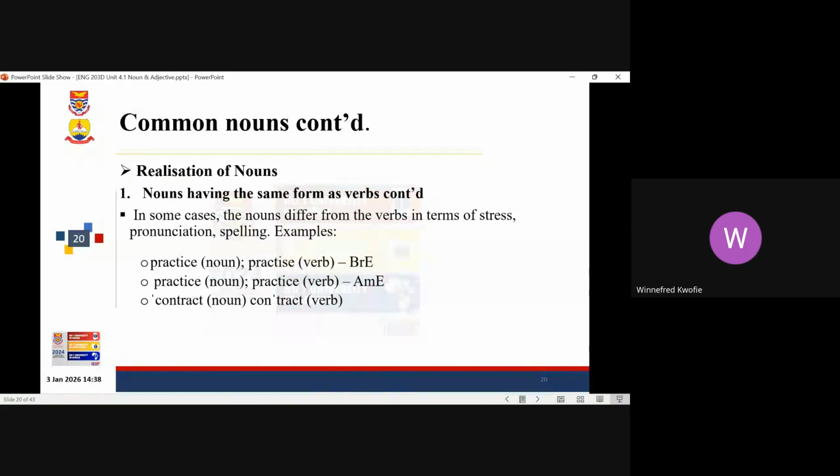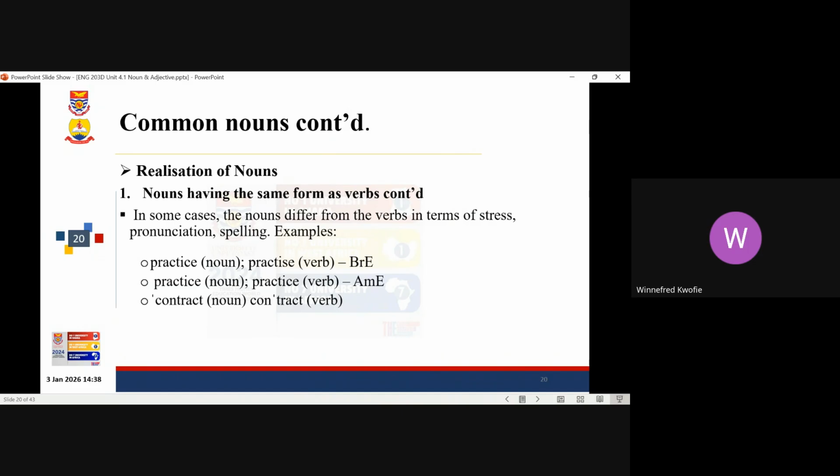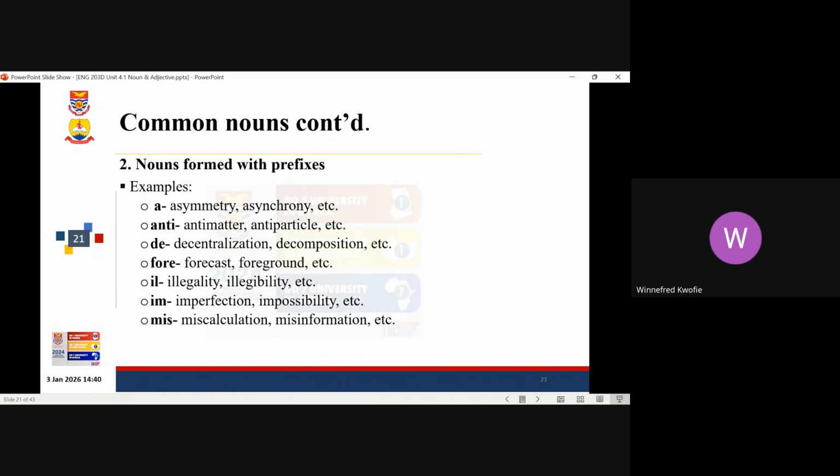Now we are continuing. We are looking at realizations of nouns. The first one, we've seen that some nouns have the same form as verbs. And then some nouns are formed with prefixes. Most often, they indicate the presence of a noun.